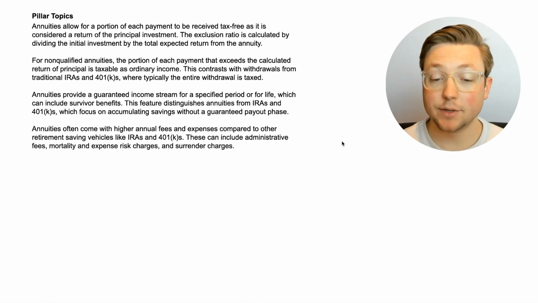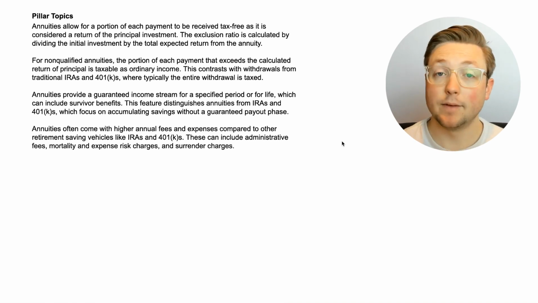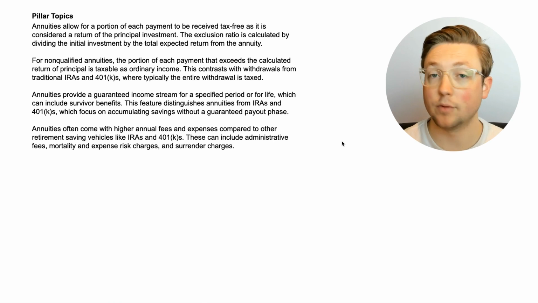Annuities provide a guaranteed income stream for a specified period or for life, which can include survivor benefits. This feature distinguishes annuities from IRAs and 401ks, which focus on accumulated savings without a guaranteed payout phase. And finally, annuities often come with higher annual fees and expenses compared to other retirement savings vehicles like IRAs and 401ks.